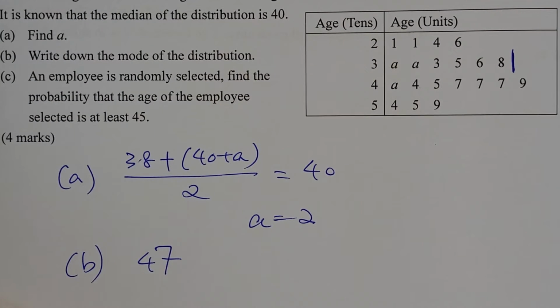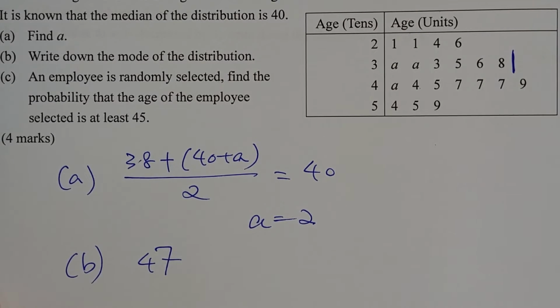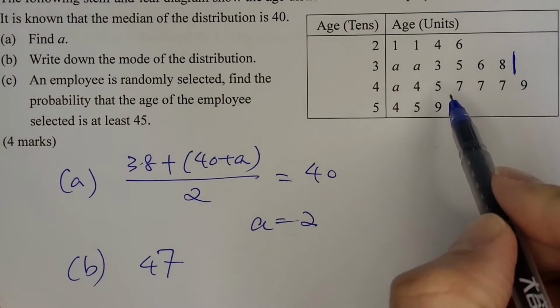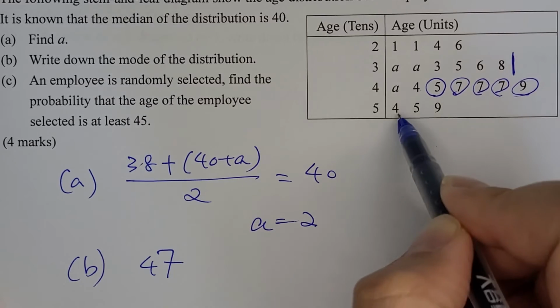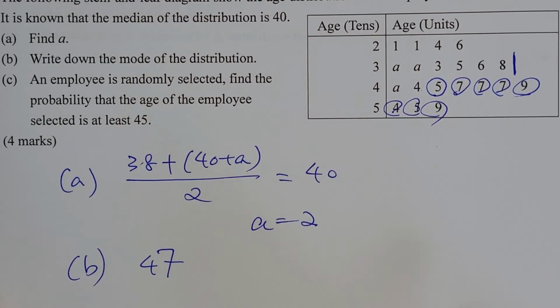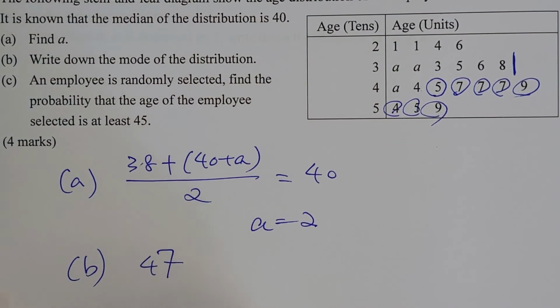C. An employee is randomly selected from the probability that the age of the employee selected is at least 45 years old. So that means I want this one, and all these I want. In total, I have 20 employees.